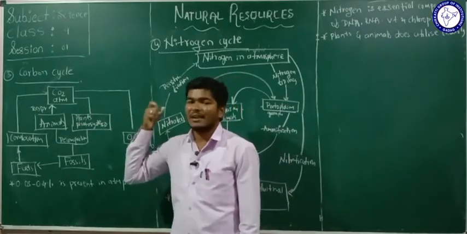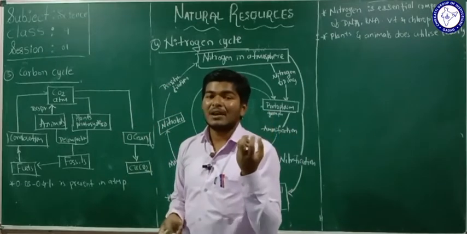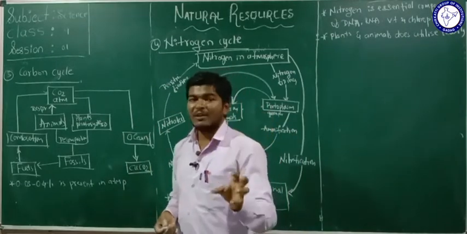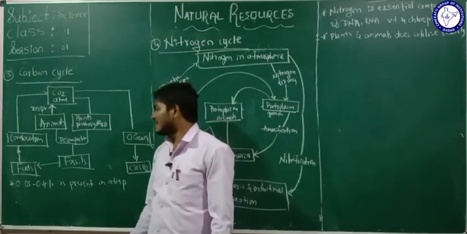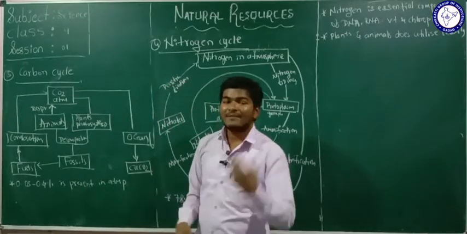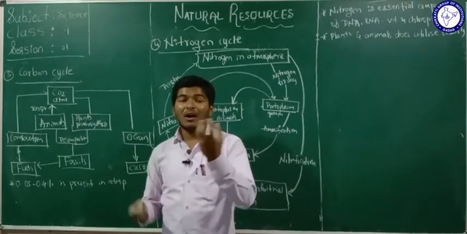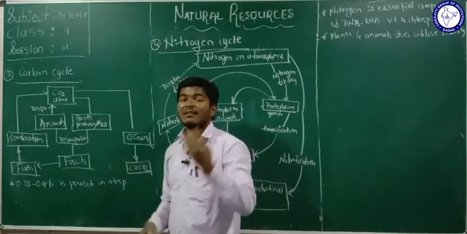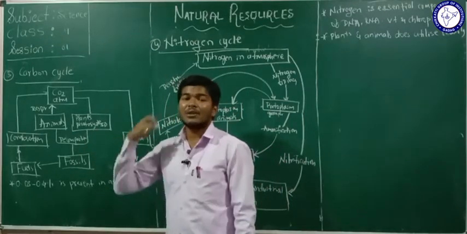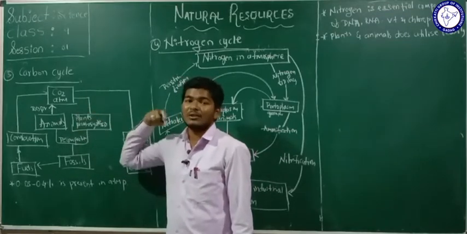Why? Because the air present in the atmosphere is utilized by the living organisms, and during the respiration process carbon dioxide will be released. But after some time these animals or plants decompose, and when they die and their bodies decompose, they release carbon dioxide to the atmosphere.